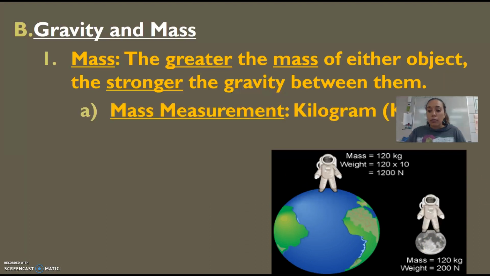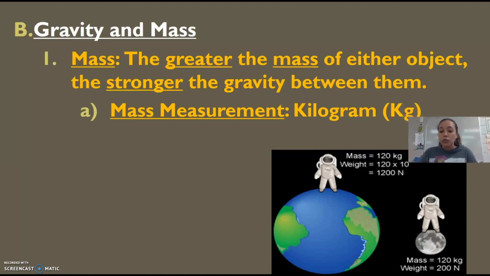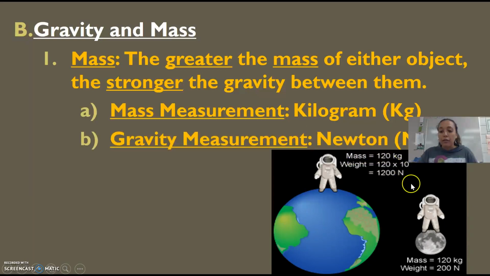Just so you know, the mass is usually measured in kilograms. So you can see mass equals 120 kilograms. And the gravity measurement will be in newtons. So as you can see, your mass may be the same, but the weight in newtons is more on Earth. Again, why? Because Earth is larger between the two objects.